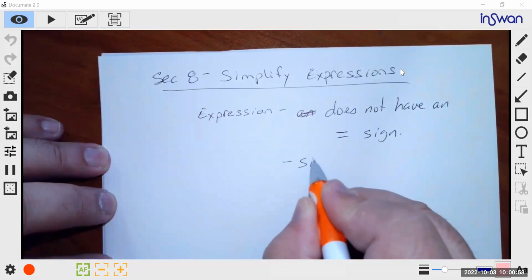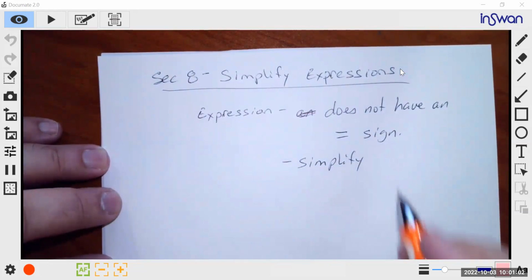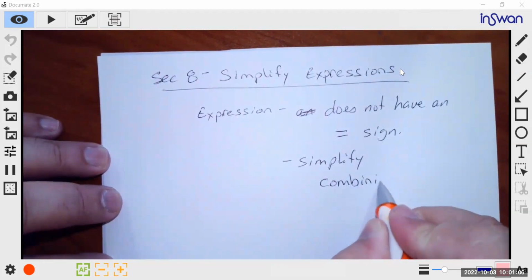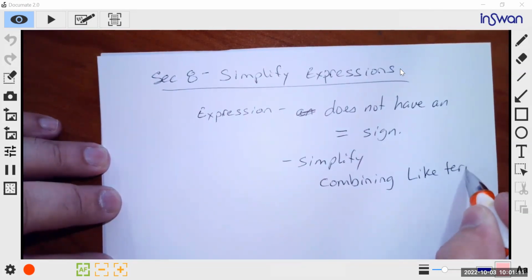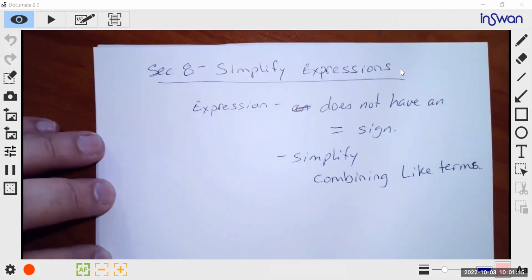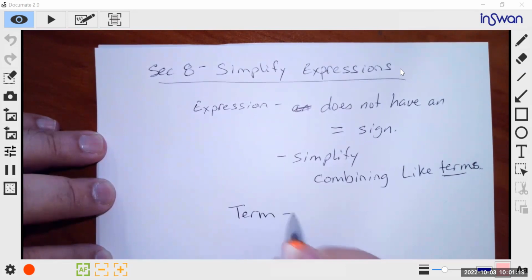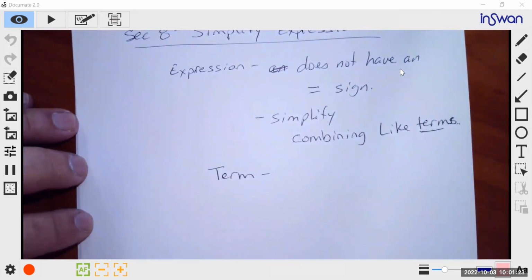You only simplify these. You don't solve. You simplify by combining like terms. What's a term? Very good. Excellent.